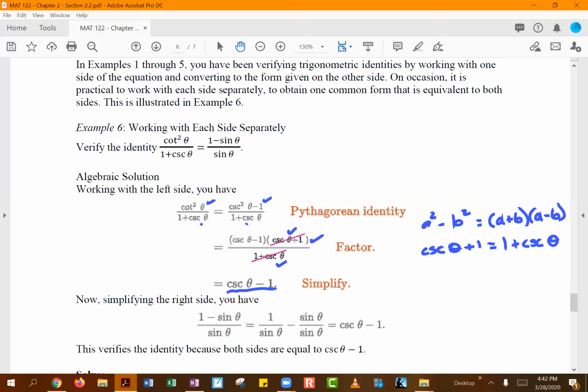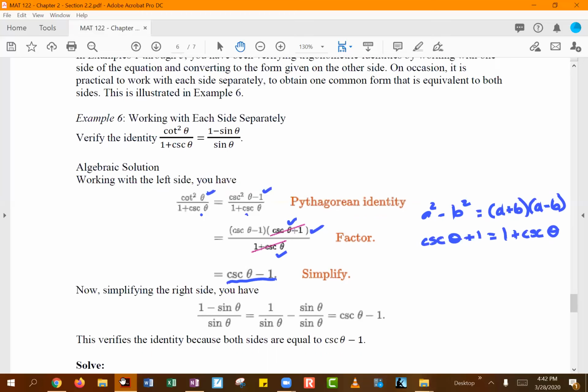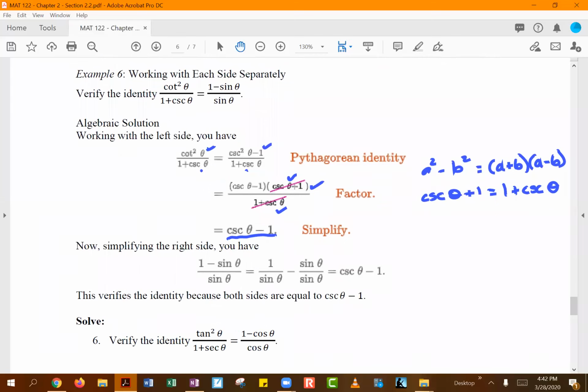So we are given 1 minus sine theta divided by sine of theta. So again, using this minus sign, we're going to separate them into two fractions. You're going to take 1 divided by sine theta, and you're going to take sine theta divided by sine theta. So 1 over sine of theta, of course, becomes cosecant theta, and then sine theta divided by sine theta ends up becoming 1.